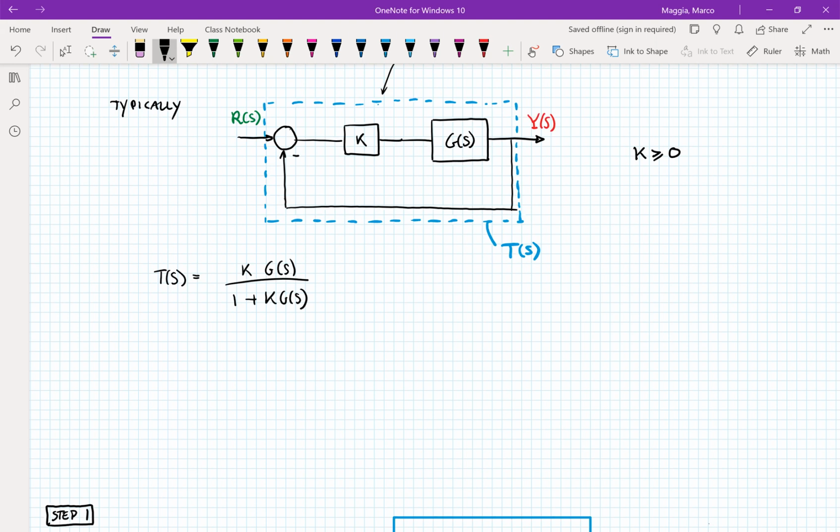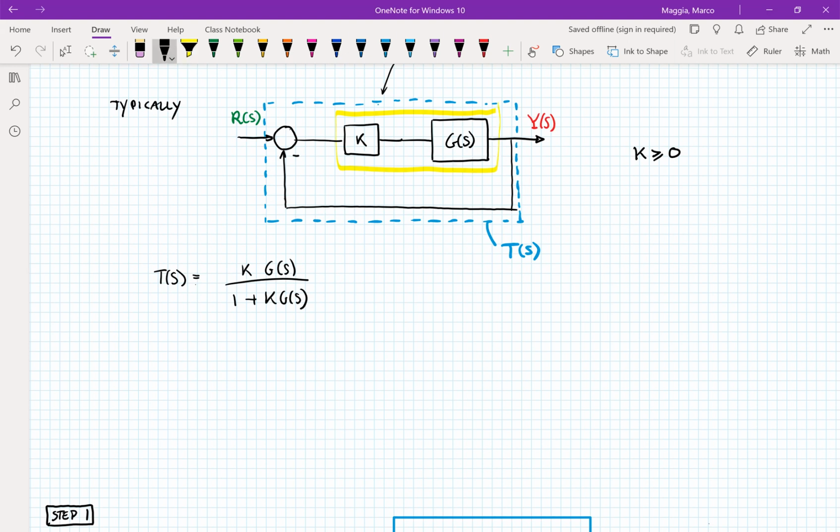Another thing that I want you to understand is that here we are computing, or visualizing, all the possible locations of the poles of T of S by using information only of L of S, or our loop transfer function. All the tools that we will develop in this course are based solely on the open loop transfer function. So you get information about the closed loop just using what you have, that is the open loop.